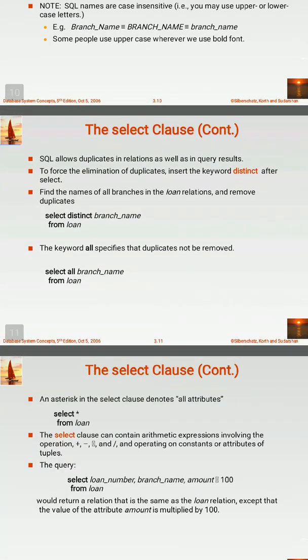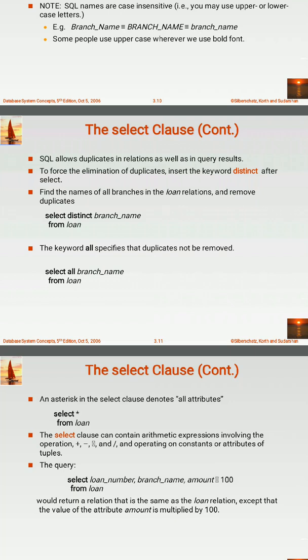SQL allows duplicates in relations as well as in query results. To force the elimination of duplicates, insert the keyword distinct after select. Find the names of all branches in the loan relation and remove duplicates.